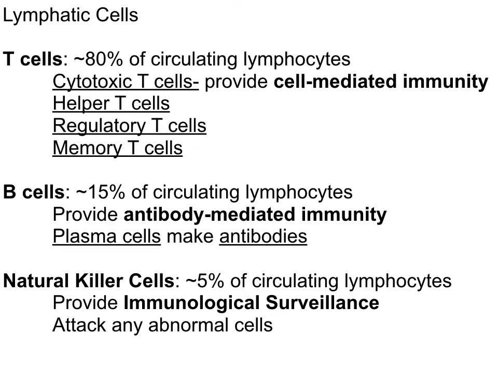The regulatory T cells are going to perhaps turn them off when your immune response is no longer needed. And the memory T cells are going to linger in the body for years, providing your body with a memory of the pathogen so that you can defend yourself more quickly the next time.